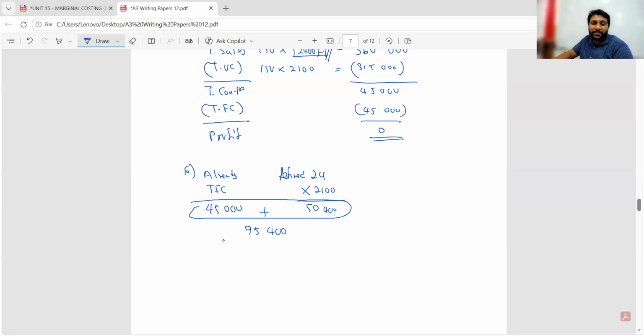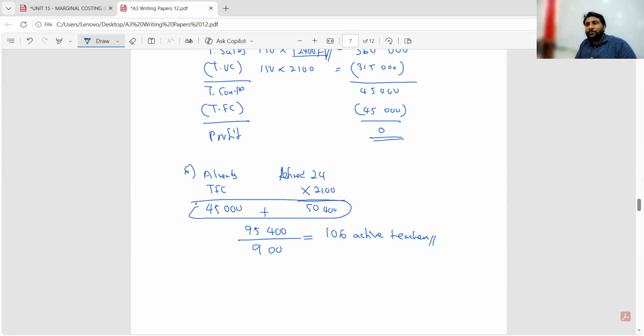Then how many active teachers should participate? 95,400 divided by 900. How much is that? 106 active teachers. If 106 active teachers participate, we can do the project without a loss.